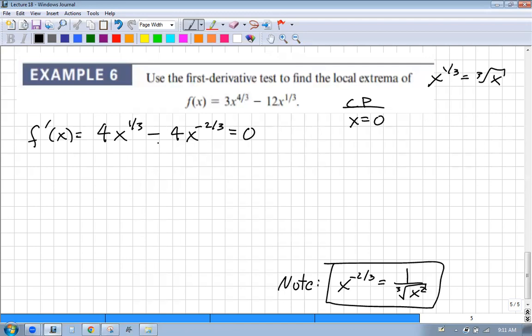Okay, so if we're going to solve this, first thing I'm going to do is divide everything by 4. So I got x to the 1/3 minus x to the -2/3 equals 0. To solve this, I'm going to multiply both sides by x to the 2/3 power.